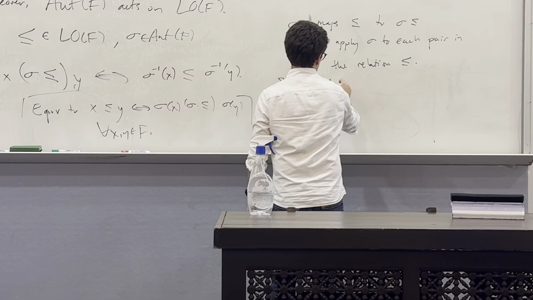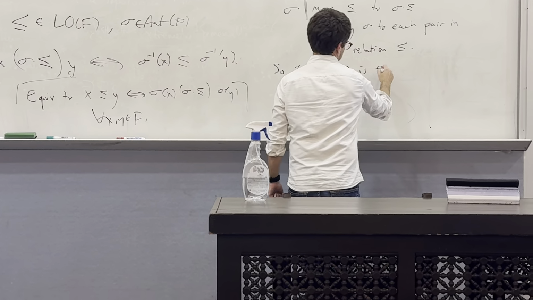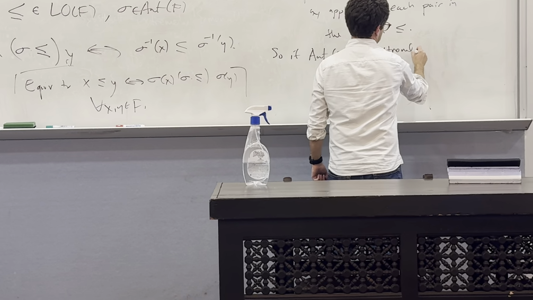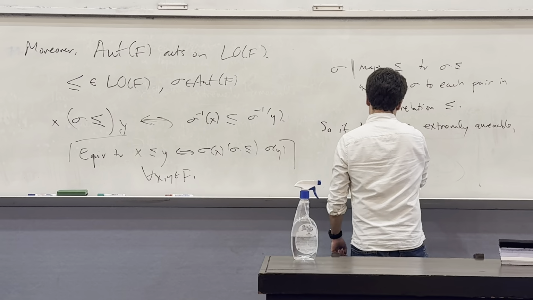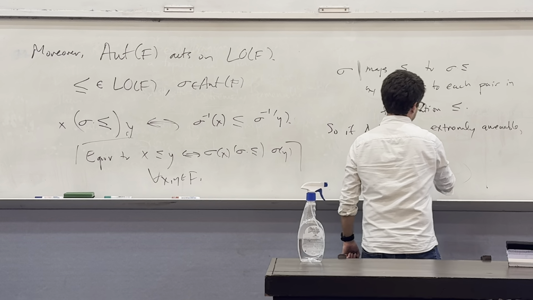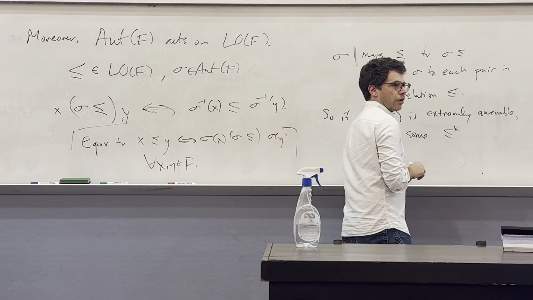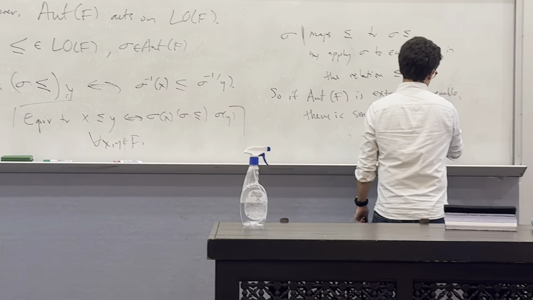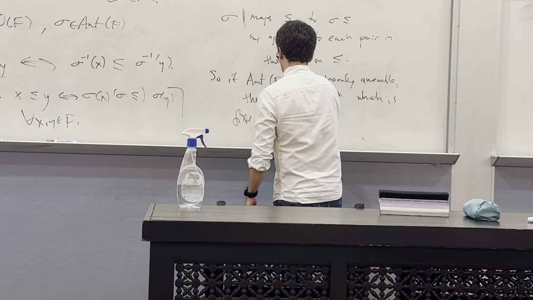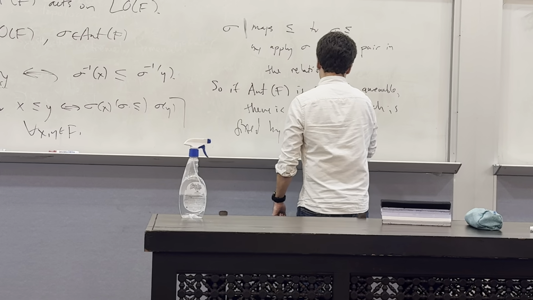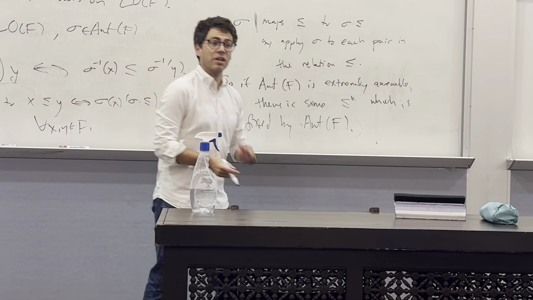If Aut(F) is extremely amenable, there is some special linear order, which I'm going to write as less than star, which is fixed by the automorphisms, by Aut(F). So it's what we would call an invariant linear order.